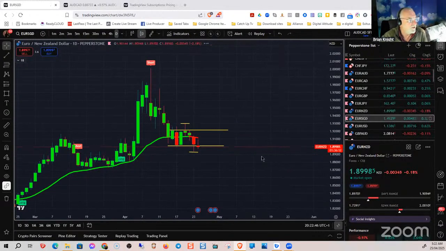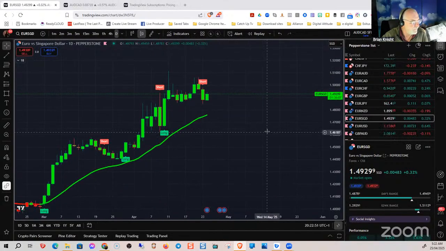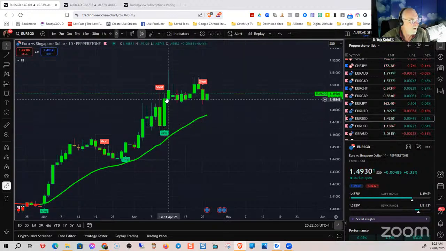All right, Euro Singapore. That's come back up again. If you got in on that long, you would be out, in, up, down, up, but you haven't moved any stop loss yet.